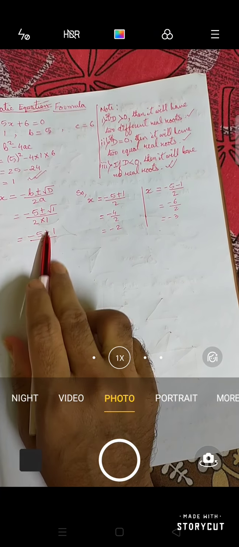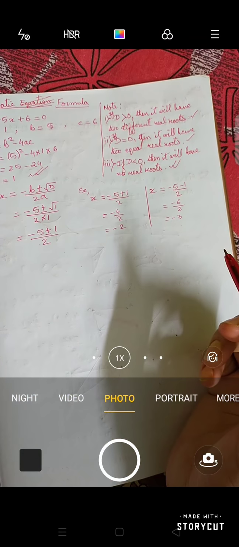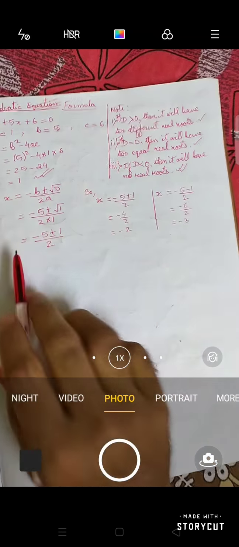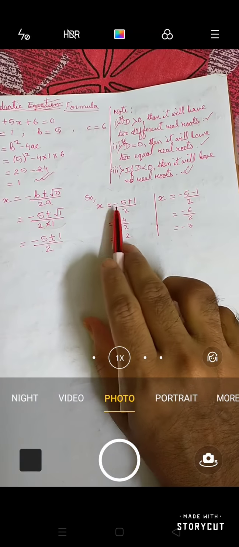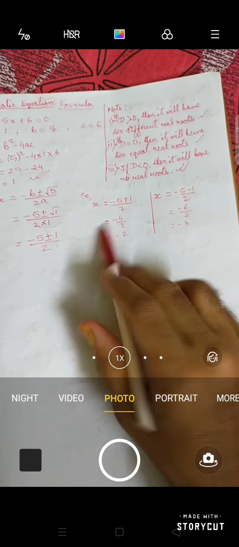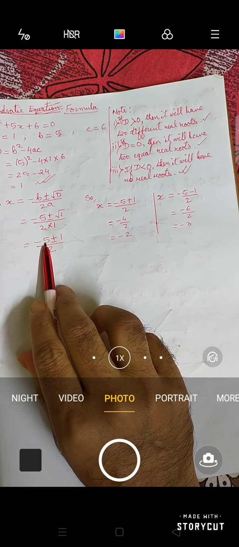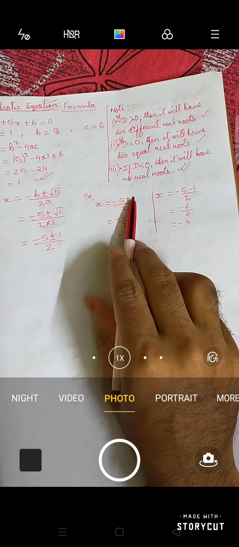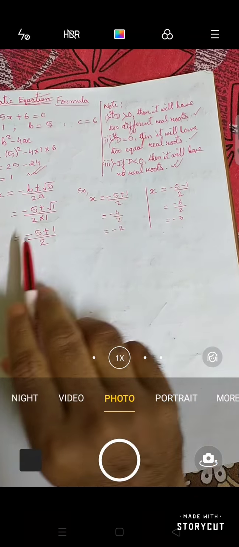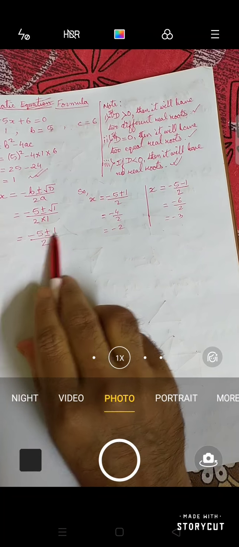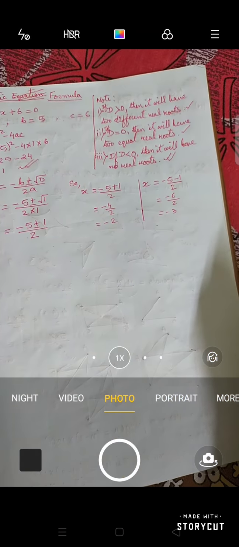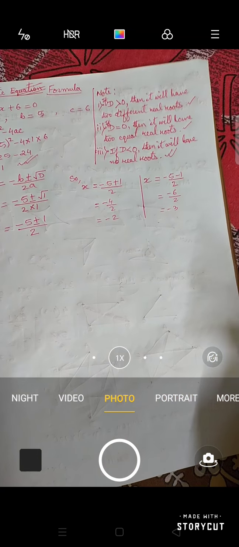Now we are having plus minus, that means once it has to be plus, next time it has to be minus. First we have taken plus, you can take minus also, your choice. So I have taken minus 5 plus 1 by 2. Next time we have taken x is equal to minus 5 minus 1 by 2. Is it clear? Now after that, simple calculation. Is it clear?